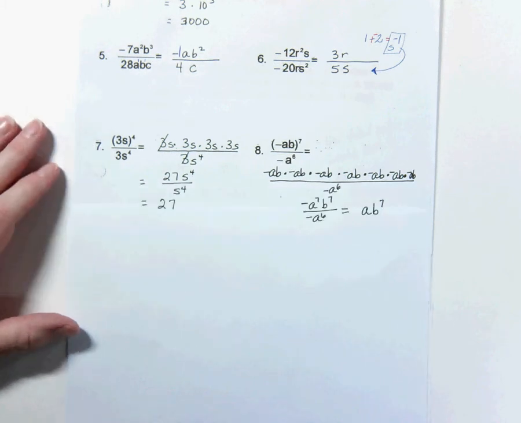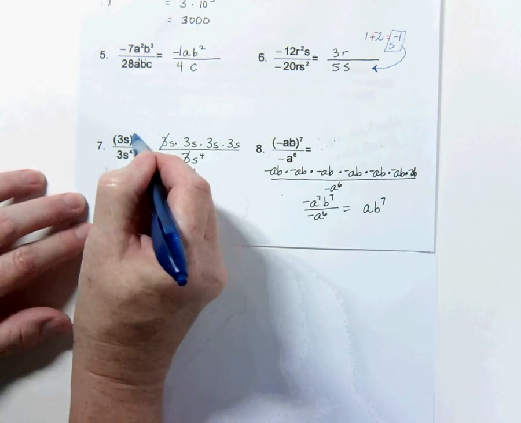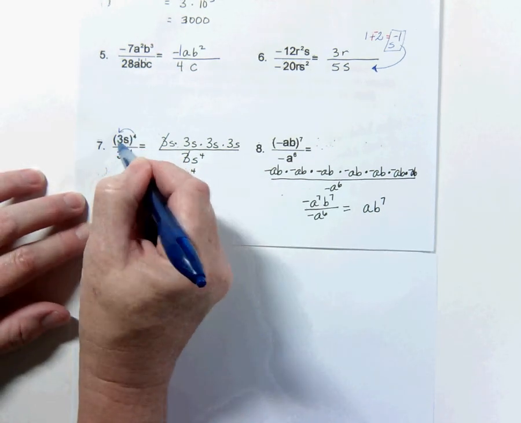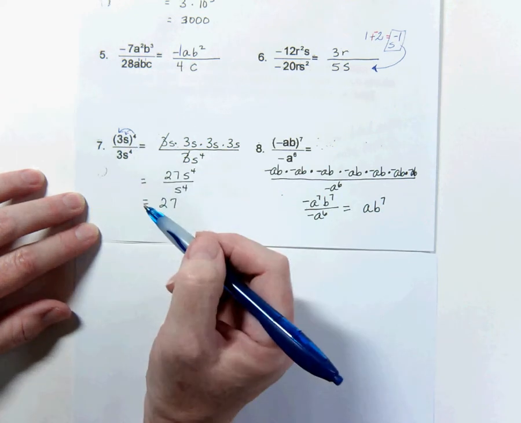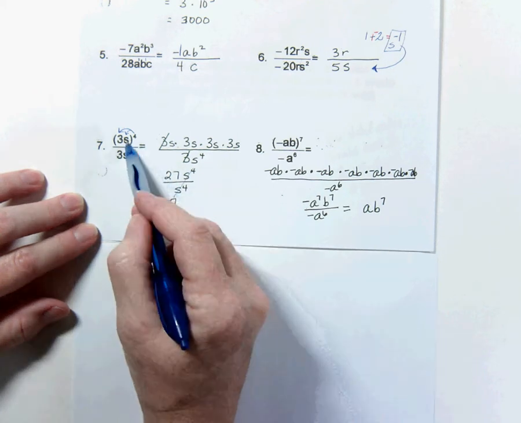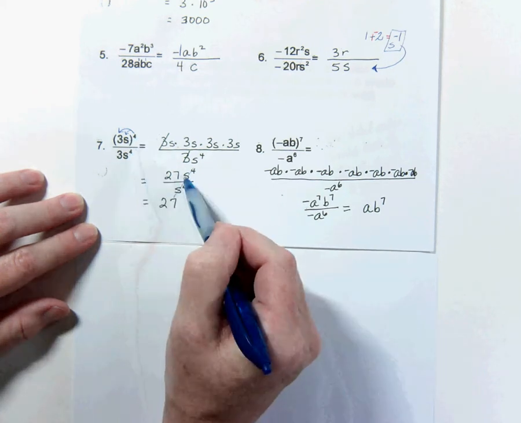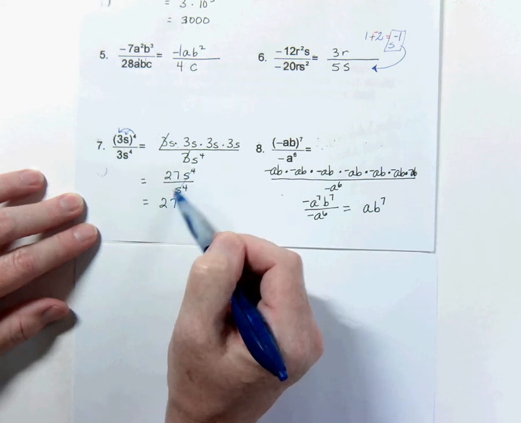Okay, numbers 7 and 8. Look carefully. This has the 3 to the power of 4 and the s to a power of 4. So if you look at this, your s's are going to go away because s to the power of 4, s to the power of 4, both in your numerator and your denominator, end up removing completely.